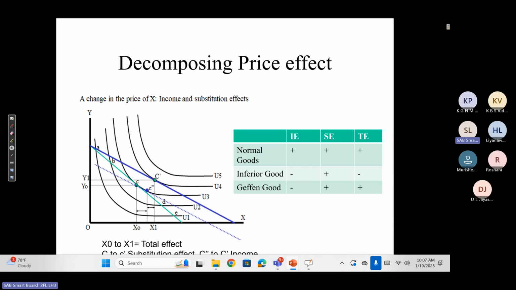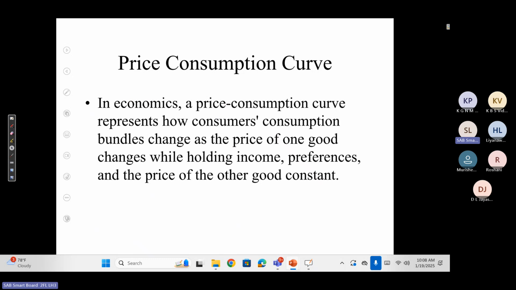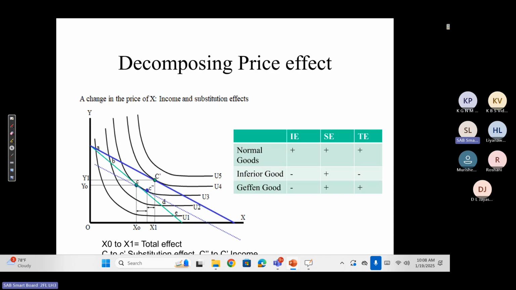Now what happened? The price of the product X decreased, from P1 to P2 or like that. We denote here M divided by Px0 to M divided by Px1. The price decreases from Px0 to Px1.